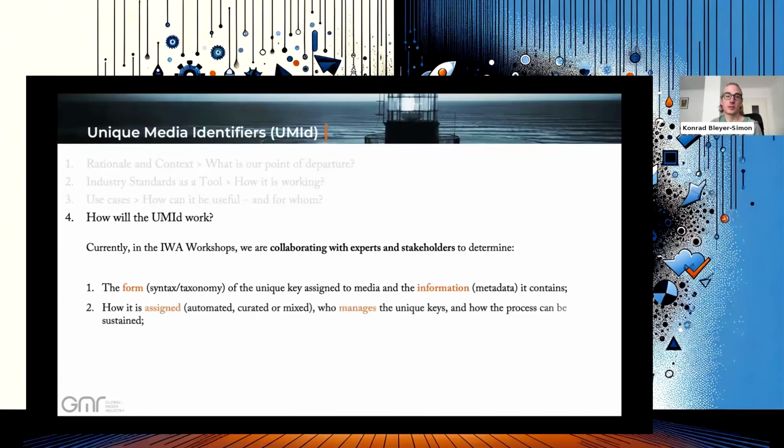The next question, once we figured out how this unique media identifier is going to look like, is who's going to be in charge of it, who's going to manage it. So these media identifiers have to be assigned somehow to a media. There are many different ways to do so. It's possible that media identifiers can apply.